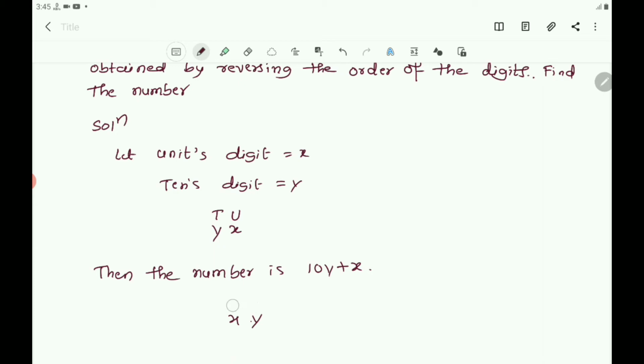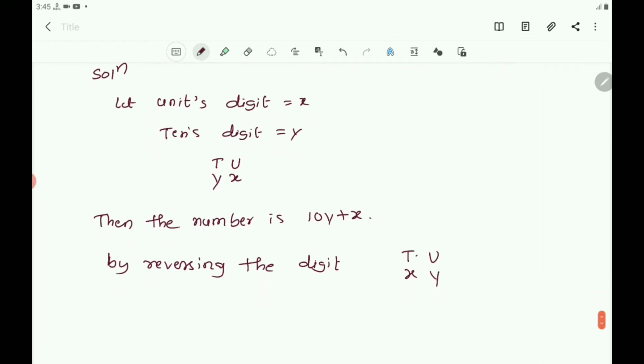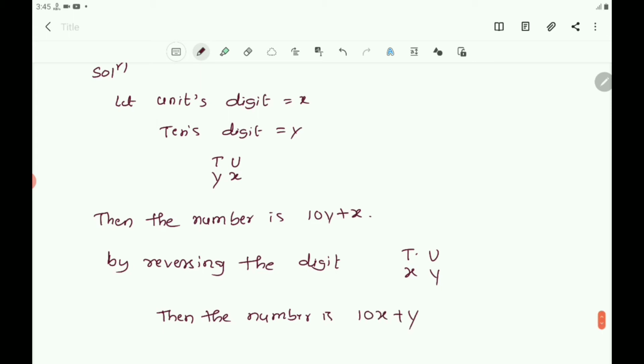Here by reversing the digits, the number becomes xy. Then the number is 10x plus y.